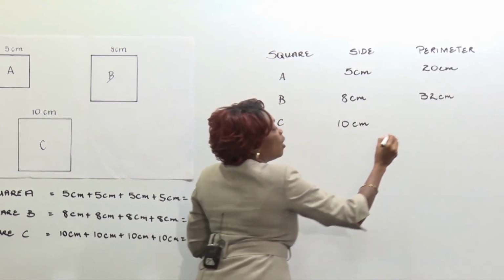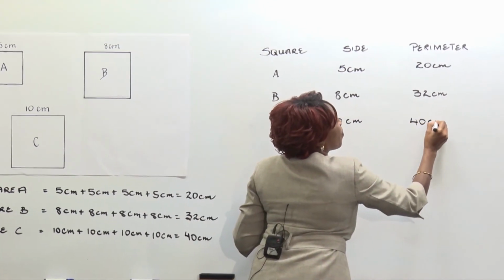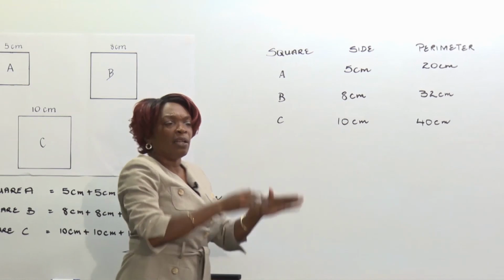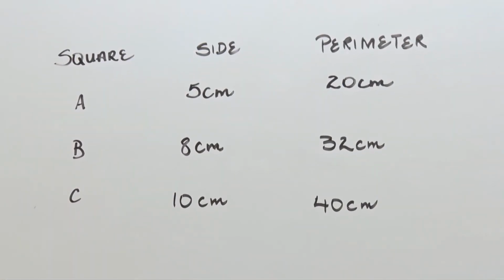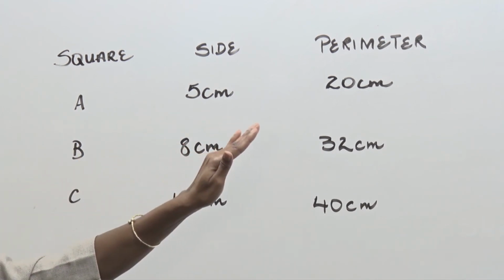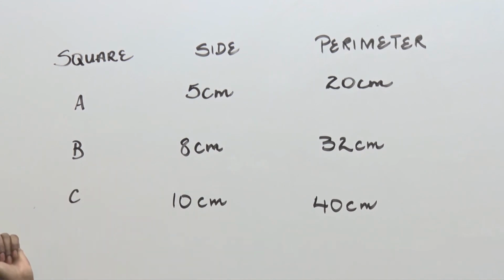Its perimeter, 40 centimeters. Without adding each side, what can we do to get the perimeter? Look at the pattern. 5 centimeters, perimeter 20 centimeters. Side 8 centimeters, perimeter 32 centimeters. Side 10 centimeters, perimeter 40 centimeters.